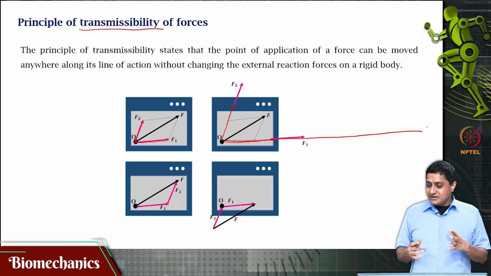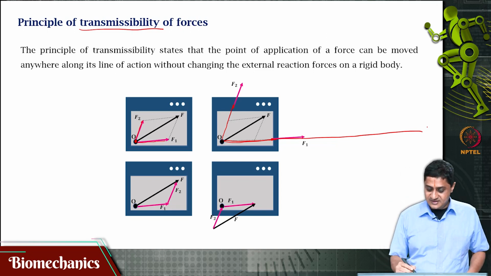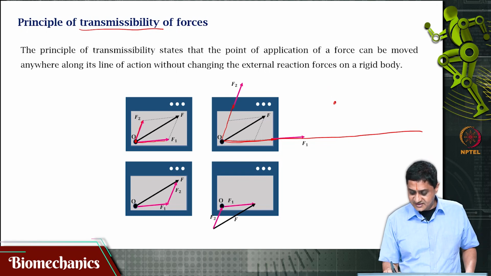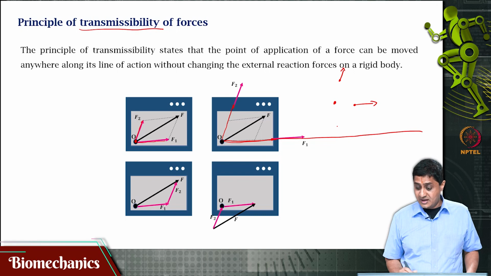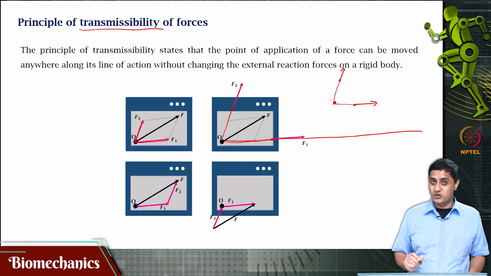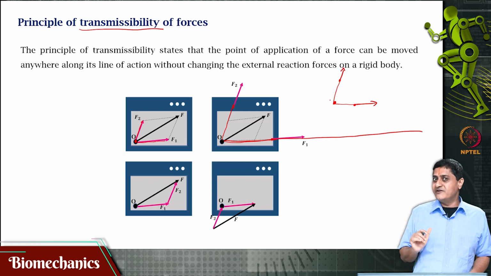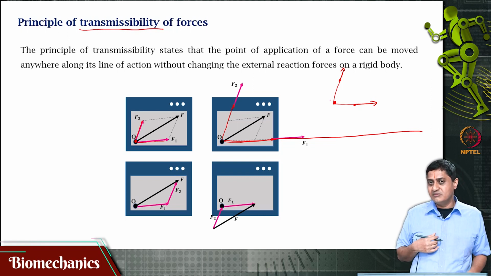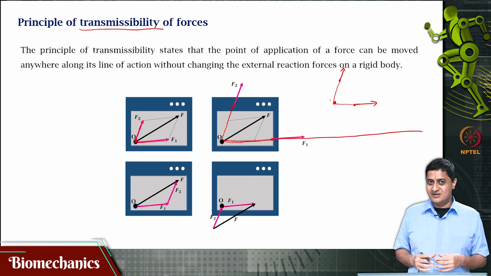That also means that if a force is acting, let us say there is this point O and there is one force acting in this direction and one force acting in that direction. I could bring this force to act from O and this force also to act from O. That is a very convenient notation change that I could make that will make my analysis simpler.